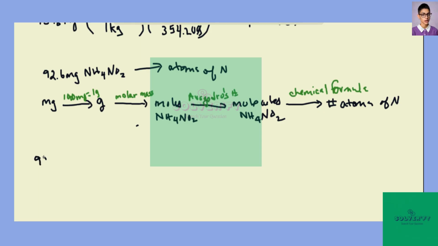So 92.6 milligrams, for every 1 gram, there are 1,000 milligrams. Using the periodic table, we find the molar mass.